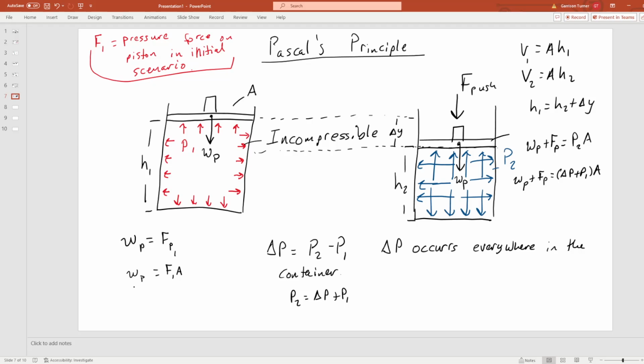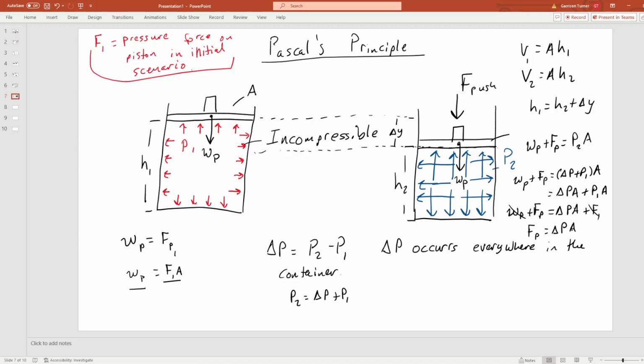And since our weight is equal to F1, which is P1A, this is going to be delta P times A plus P1A, which is delta PA plus F1. So our weight cancels out with the original force that was there, and our pushing force is equal to this change in pressure times the area.